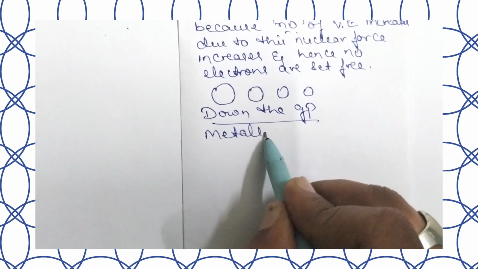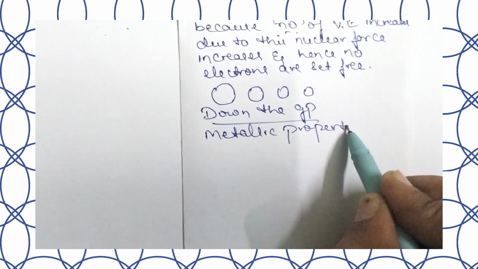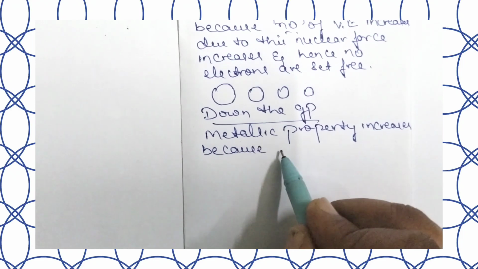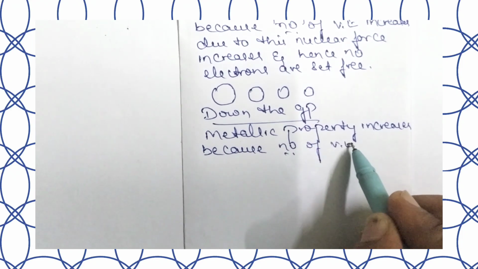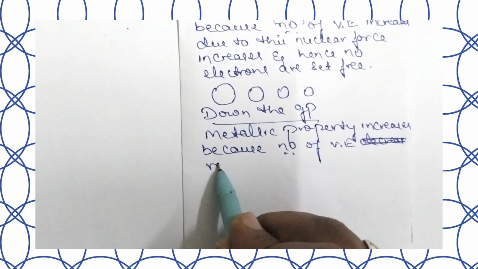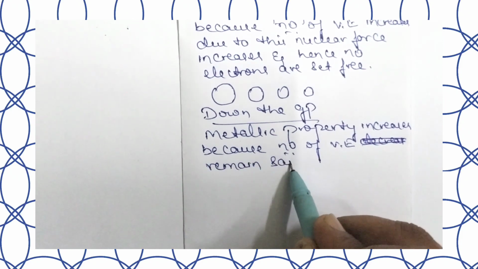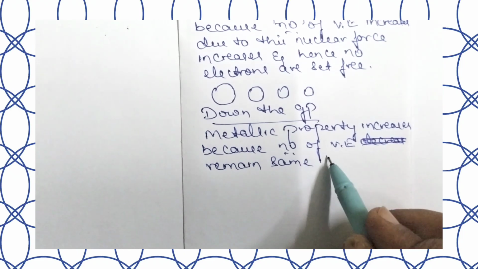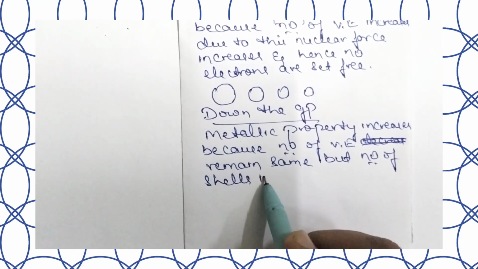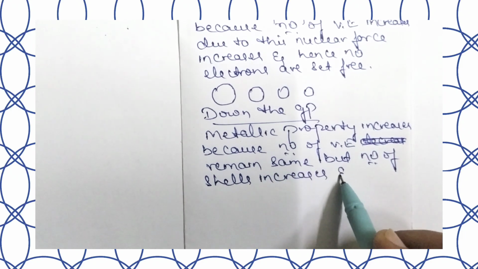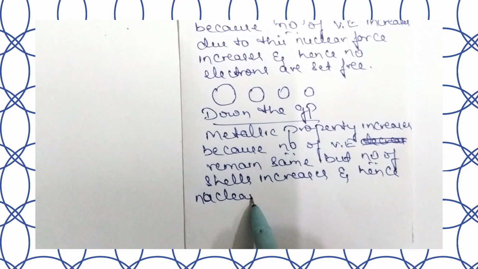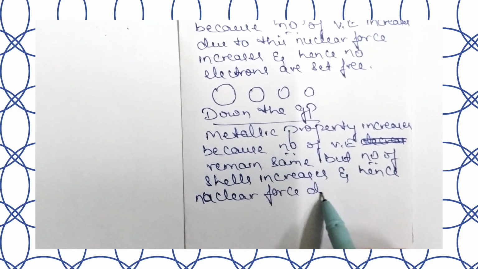As we move down the group, the metallic property increases. Because the number of valence electrons remains the same, but the number of shells increases, and hence the nuclear force decreases.